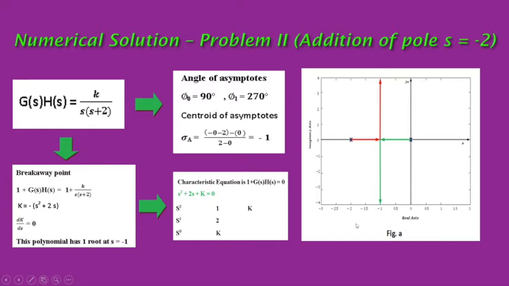So these asymptotes do not cross the imaginary axis. That means the root locus also does not cross the imaginary axis. So the root locus is completely stable for all values of gain k varying from 0 to infinity because the root locus always lies in the left hand side of the S plane.